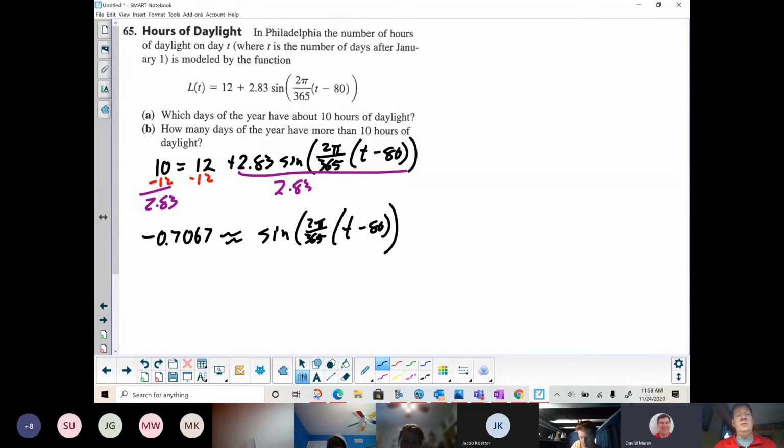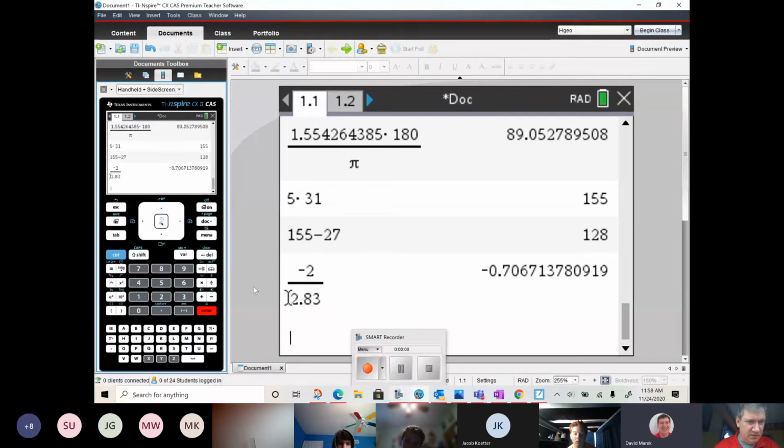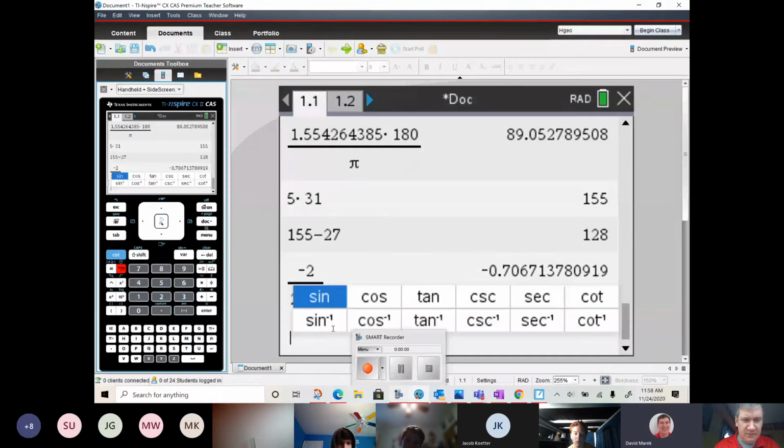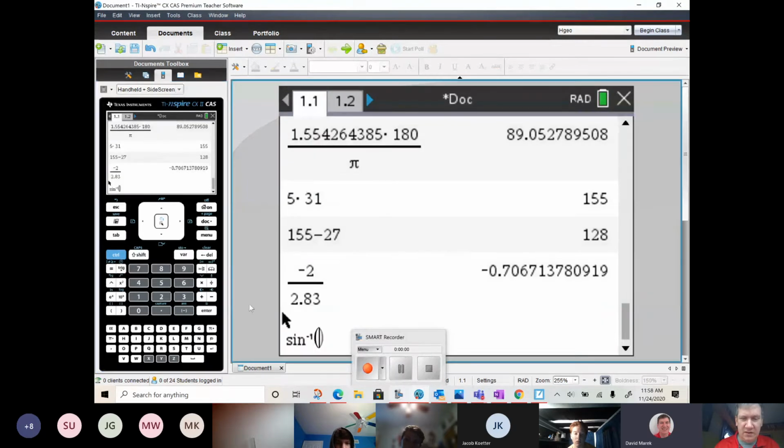So we've got our sine function on one side of the equation, and a value on the other, where we could take the inverse sine of both sides. That's exactly what I'm going to do. I need the inverse sine.